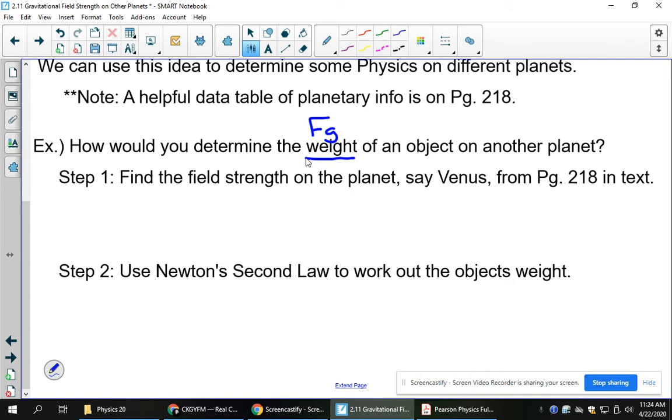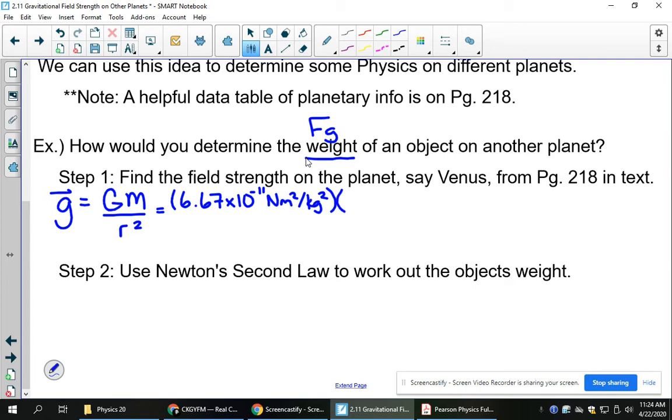So using the formula, little g equals big G m over r squared, we're going to sub in the numbers we know. Here's big G, the universal constant. And now I need to find the mass of Venus.